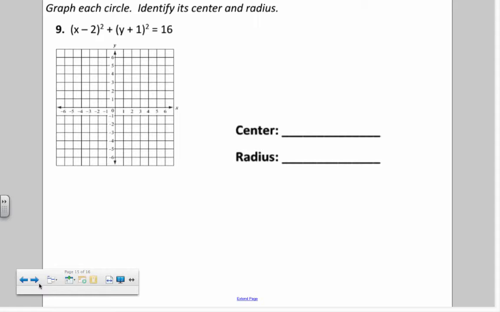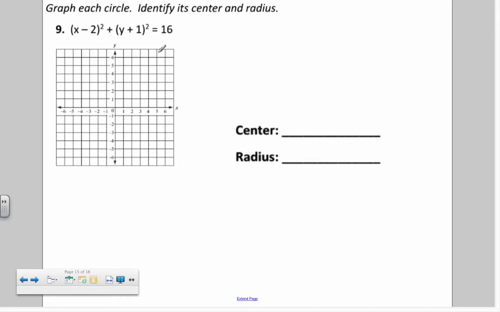Here it says graph the circle and its center and radius. So this one's just a little bit different because my center is no longer the origin. So my center is not 0, 0. So I need to figure out what my center is. So I'm going to think about my formula a little bit differently now, thinking about h and k as my center.